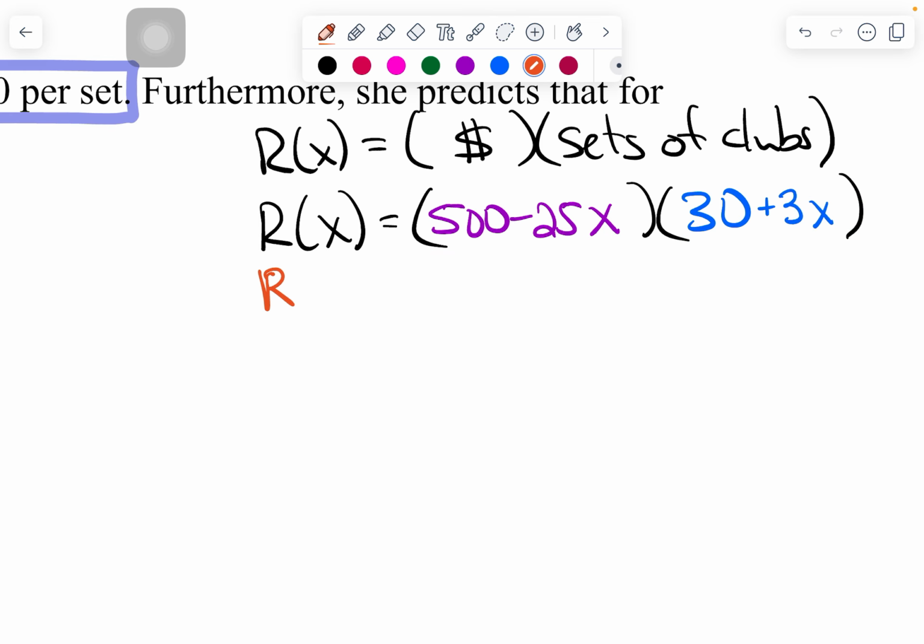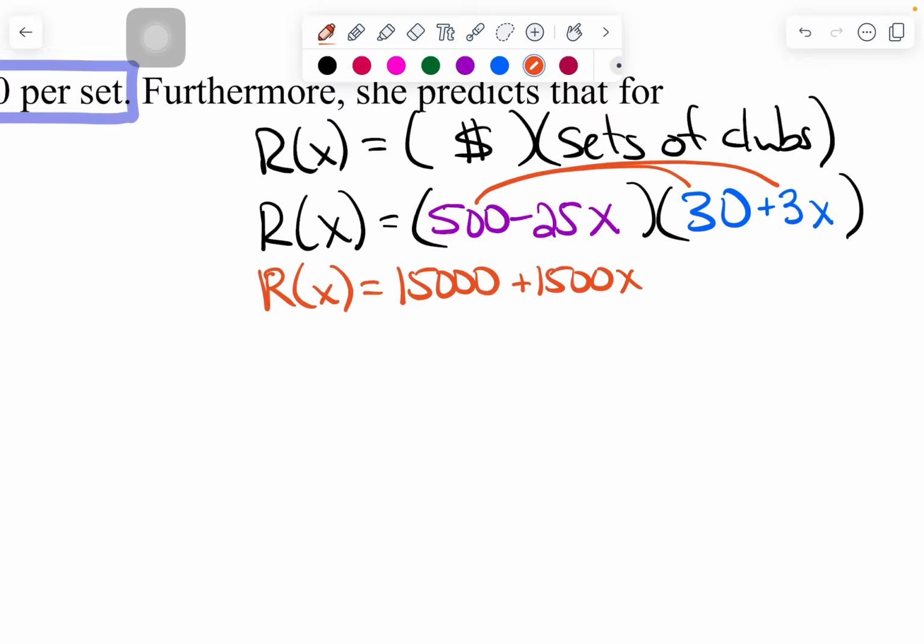Now I am going to take some time here, multiply this mess out so that I can get it into standard form. All right, so let's see, 500 times 30 would be 15,000. 500 times 3x, that's going to be plus 1,500x.